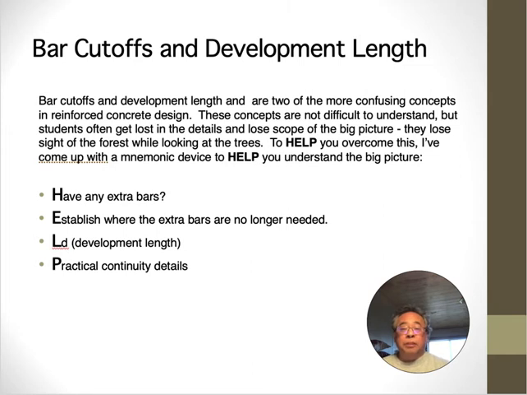Establish where the extra bars are no longer needed. LD for development length. And P, practical continuity details, the details that are in the ACI 318 code. So H.E.L.P: have any extra bars, establish where to cut them, LD, and practical continuity details.